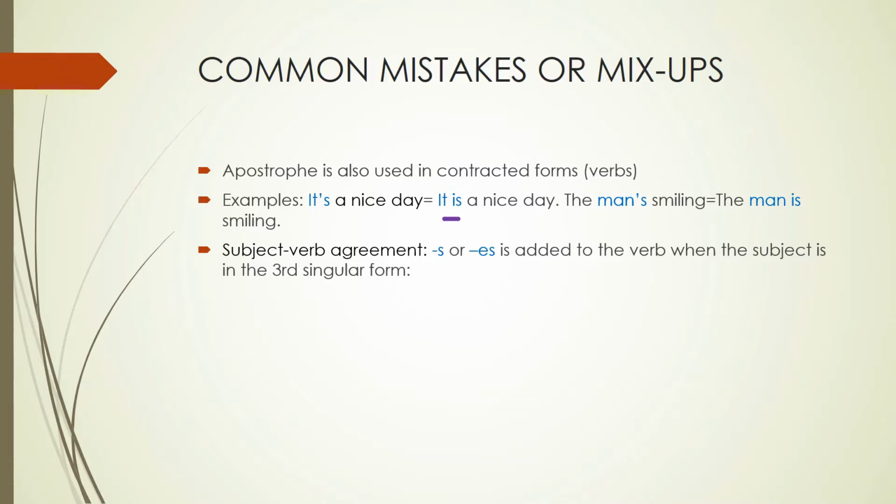Then you have subject-verb agreement. A verb must agree with its subject. This is called the subject-verb agreement. And a verb ends with an s or es when the subject is in the third person singular form, as in Tom talks to Mary.